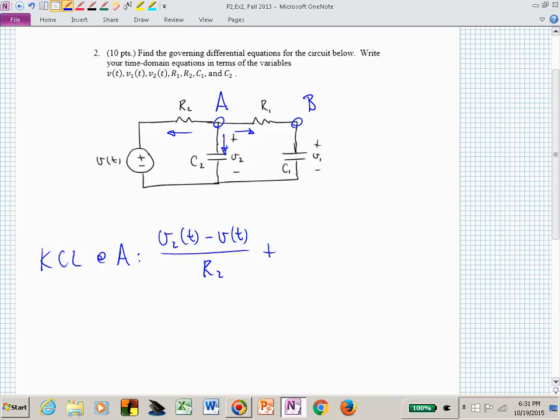What's the vertical current down through C sub 2? Oh, what did I say? Current or voltage? Current, which we're doing currents, aren't we? So the current down there is ICE. That current is C sub 2 V sub 2 prime.